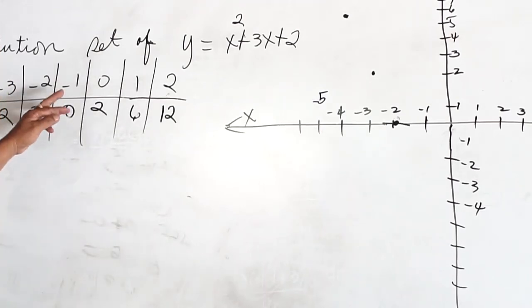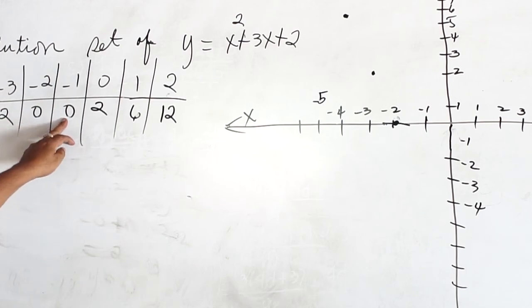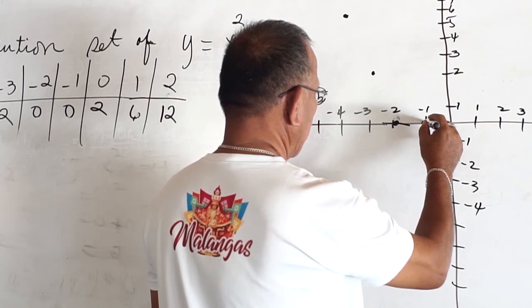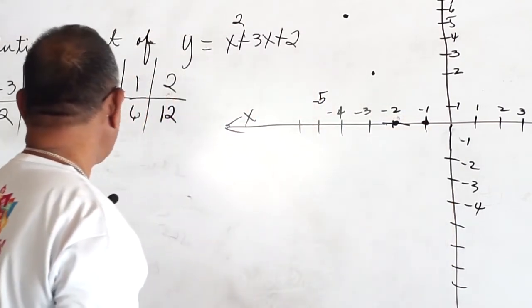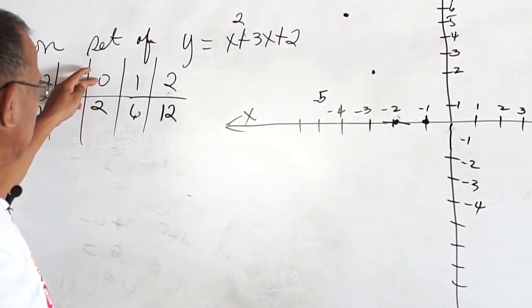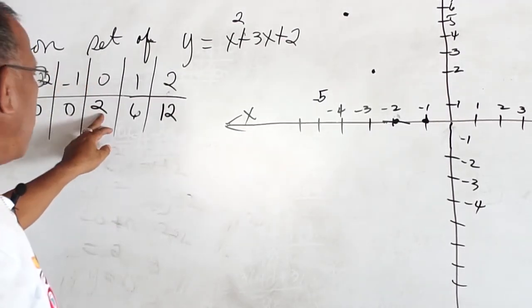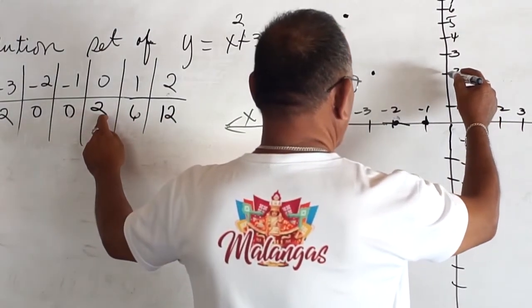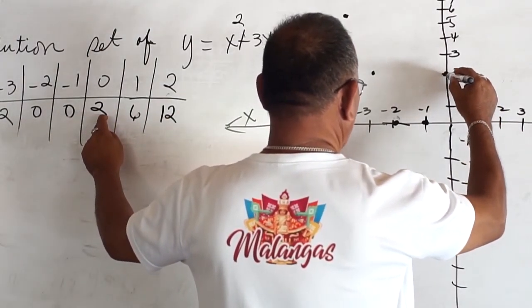Okay, so we have here another ordered pair. x is negative 1, and y is 0. So the point is here. The next ordered pair: the x-axis is 0, then the y-axis is 2. So the point is here.